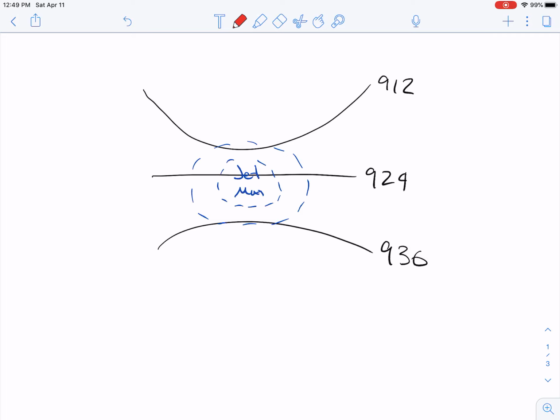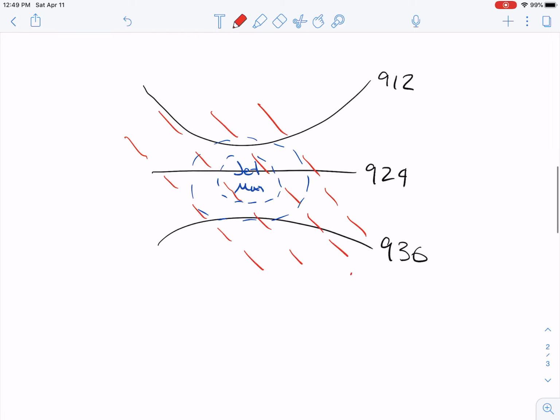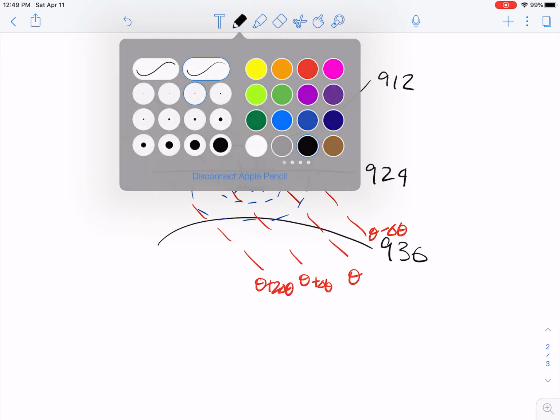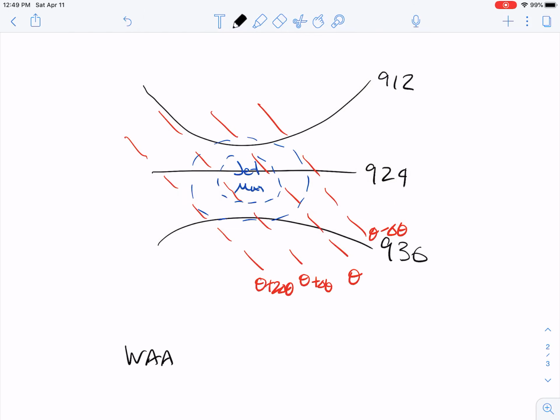It doesn't exactly have to be 45 degrees, but angled down this way such that we're going to get warm air advection along our jet axis. And so now we have, say, our theta plus delta theta, theta plus 2 delta theta, and theta minus delta theta. And so here we do have warm air advection along the jet axis.